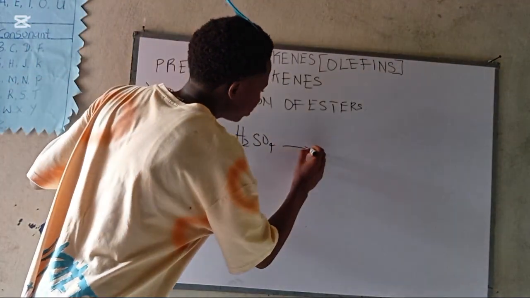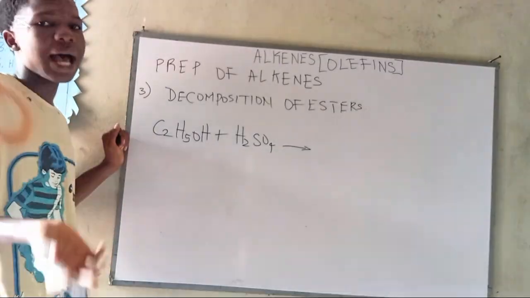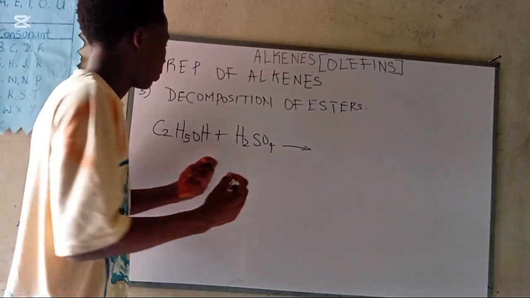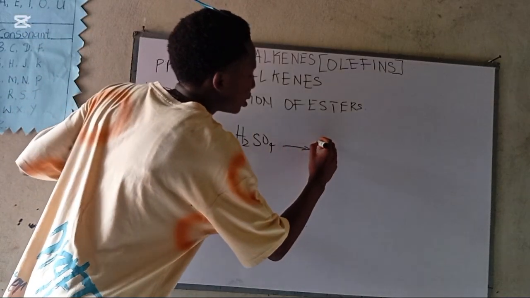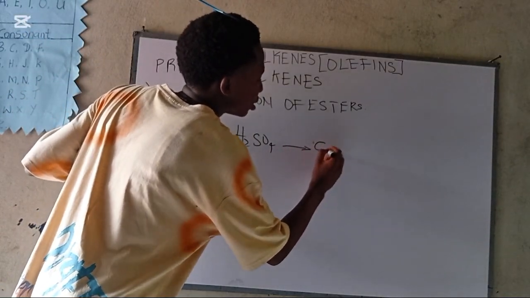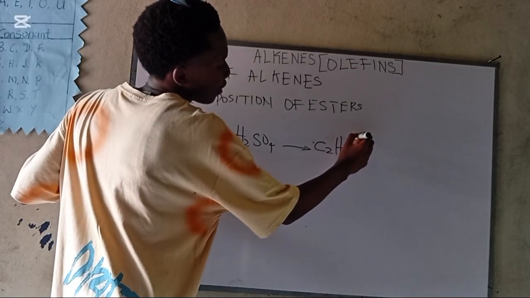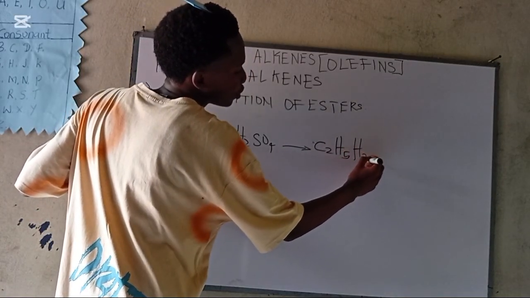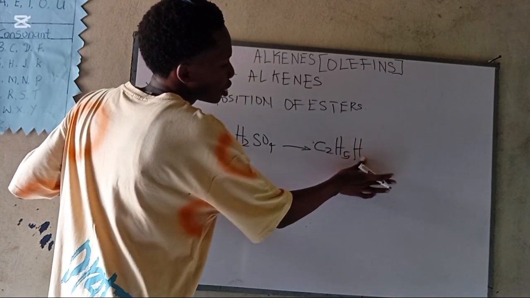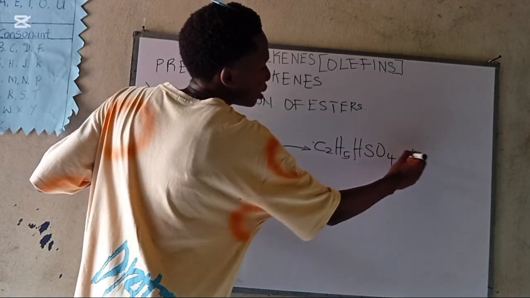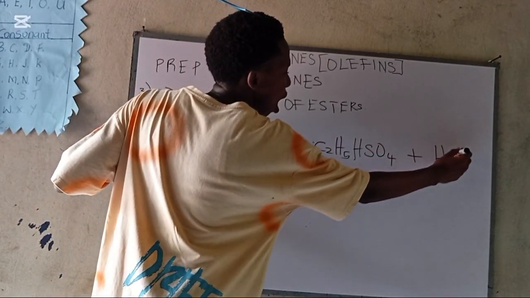It will give us water and something a little bit more complex, which we call an ester. We write it like this: C2H5HSO4, displacing water.